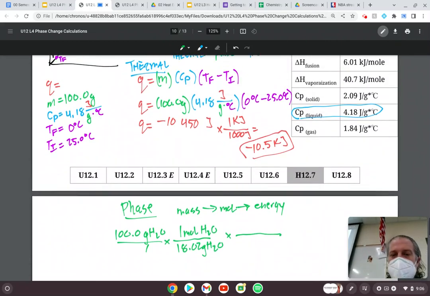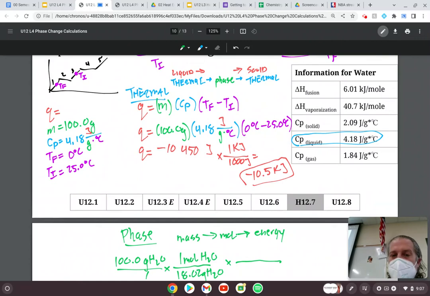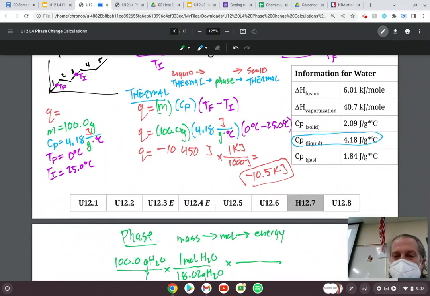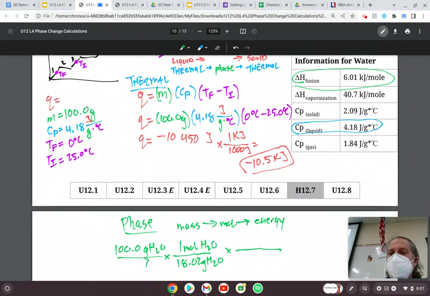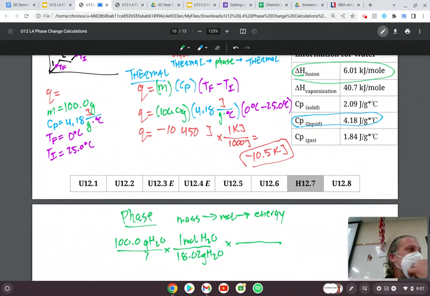Now we are going from a liquid to a solid, so we're going to be using the heat of fusion. Because energy is being released, the heat of fusion has to be negative.